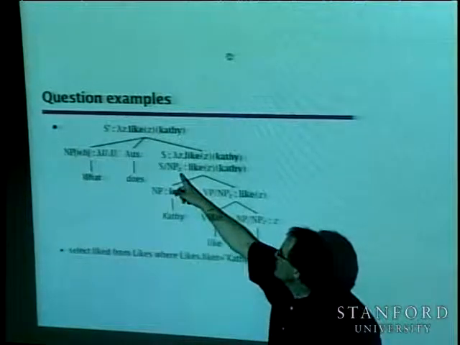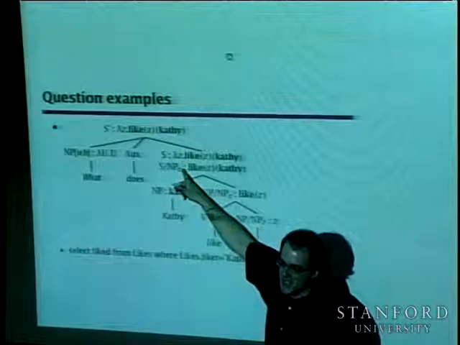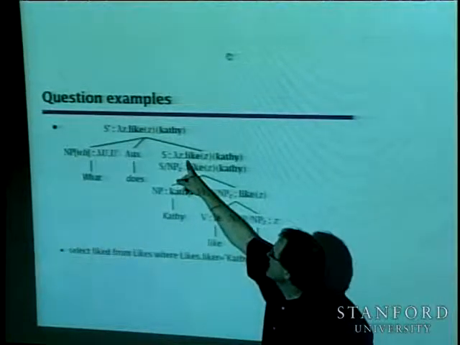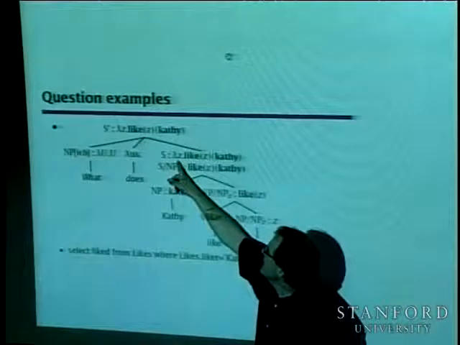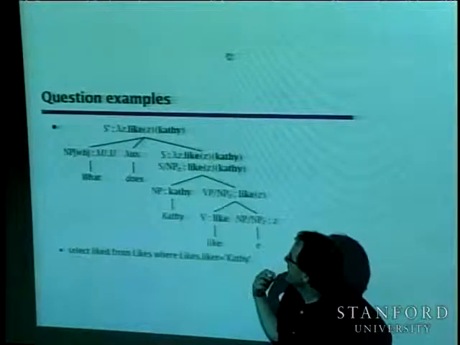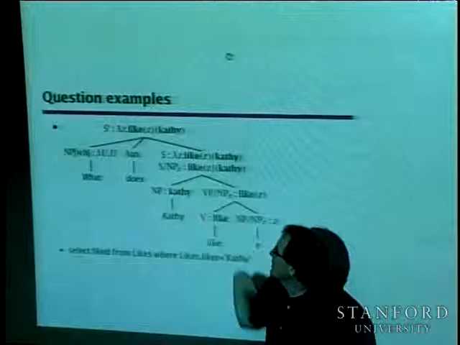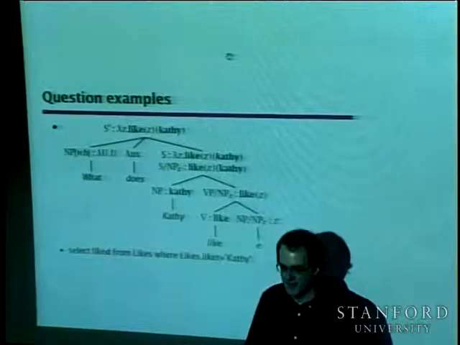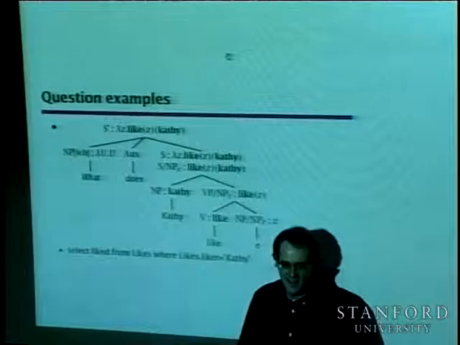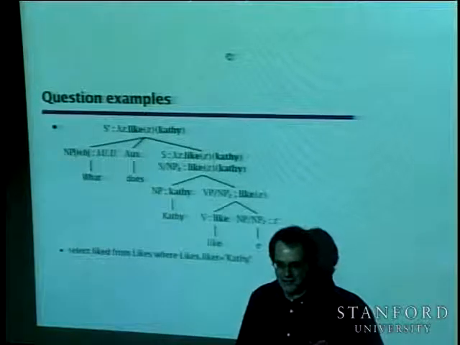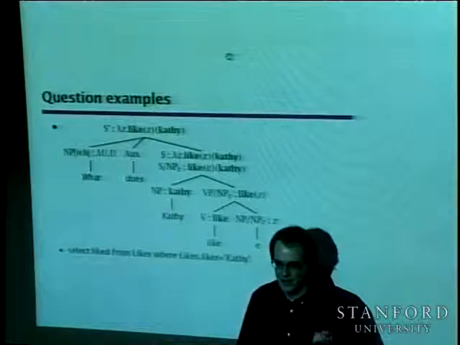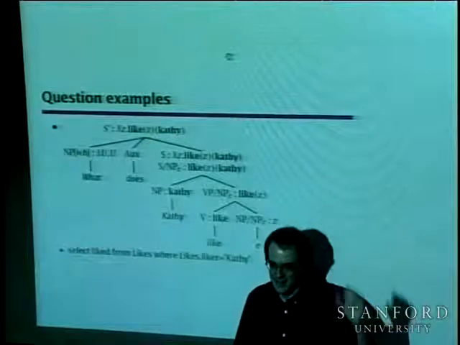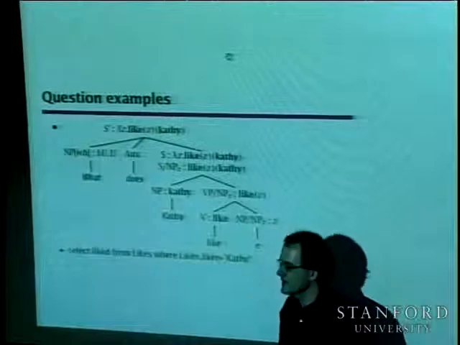At any point we want to, we can then discharge our gap-threaded empty and say, okay, this sentence's meaning is actually lambda z like z Kathy, so that we've turned back into a property the thing that wasn't actually present, that was missing. This is like in predicate calculus if you do natural deduction, where you assume something and then you later discharge the thing that you assumed.